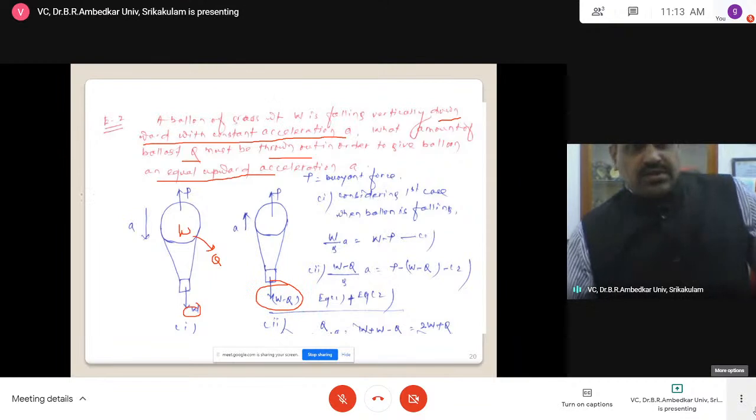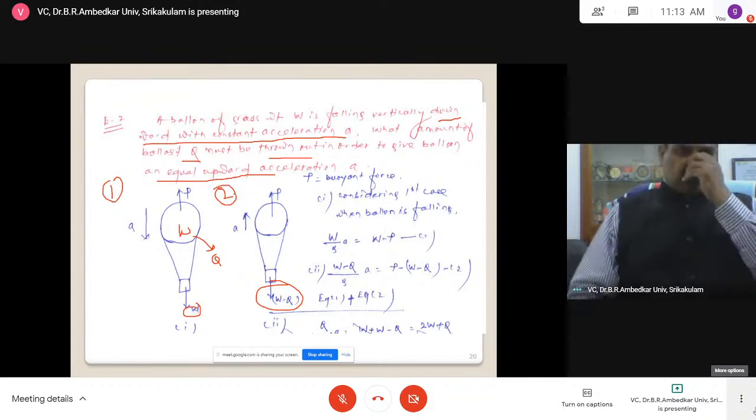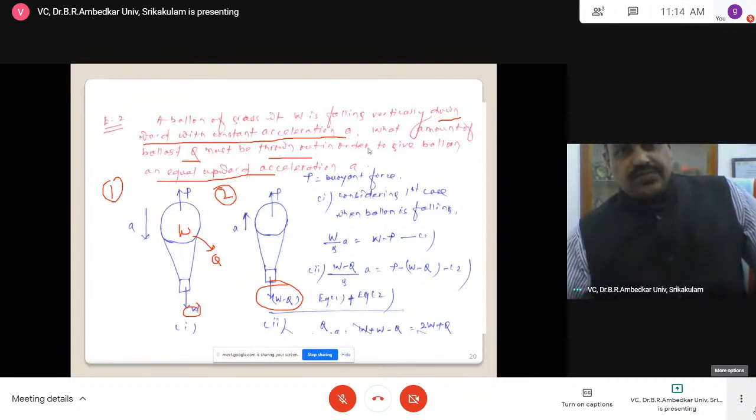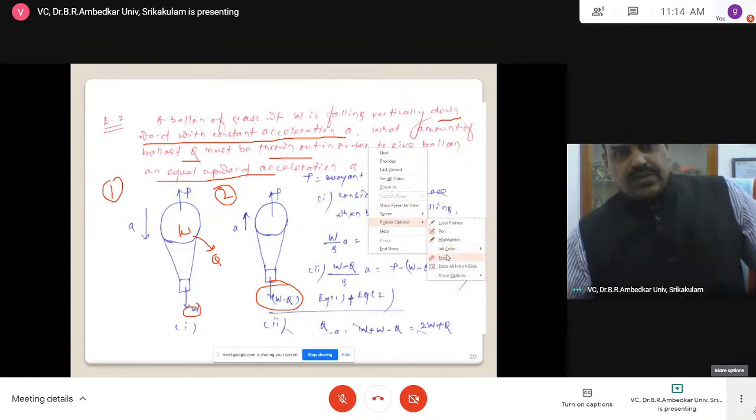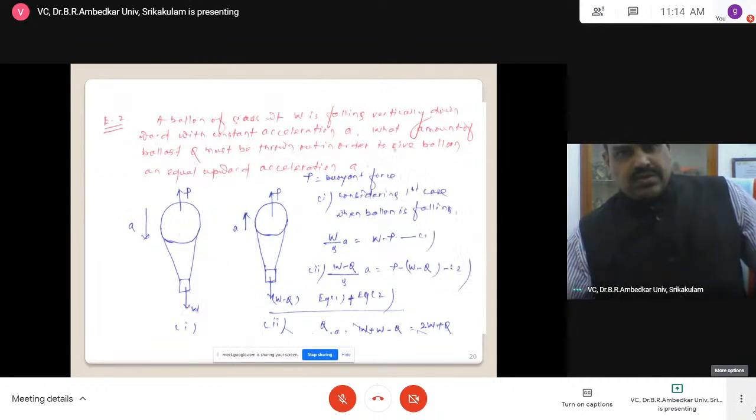So this is what is called the first case, and this is what is called the second case. Now substitute the given data in the problem. A balloon, gas balloon. Here some persons are sitting.